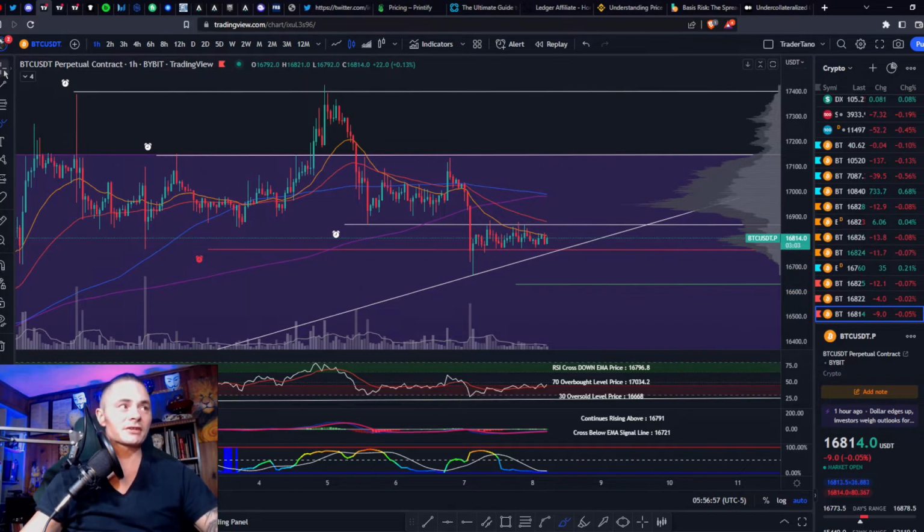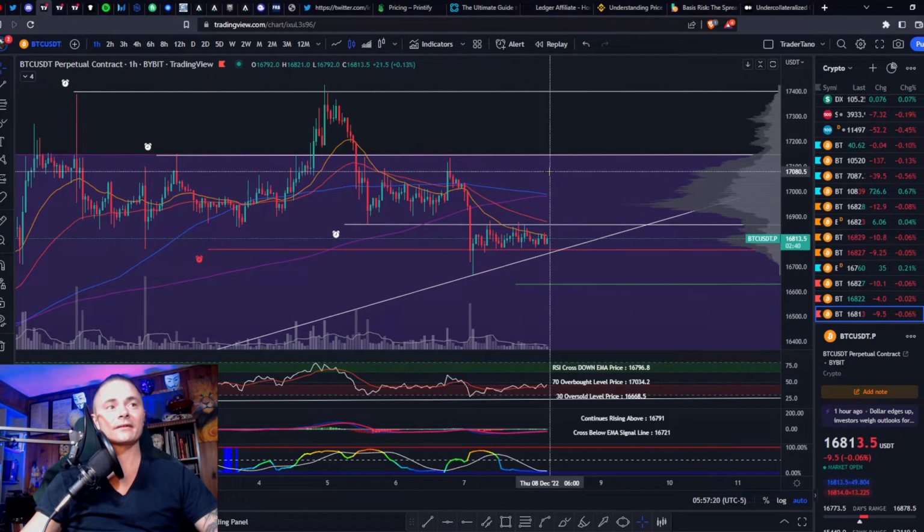Can be inverted as well, and that's what we're talking about right now. Is this an inverted BART? Do we get a bounce back up to about 17,300, 17,400, making a lower high and crossing all these moving averages, getting all those stops, grabbing all this liquidity all the way up to there? And then the question is, do we break down from there?